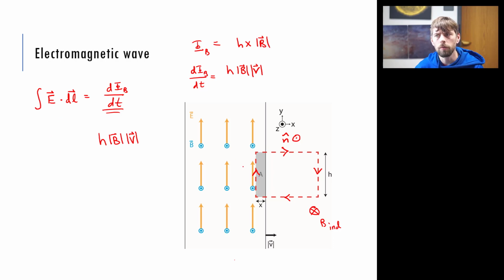Well, we've already determined the direction that the induced current would have flowed had this loop been made out of a physical conductor. But you know that the current would have flowed from a high electric potential to a low electric potential side, or conversely, that the electric field must be pointing in that direction.